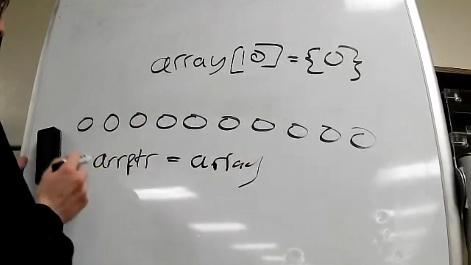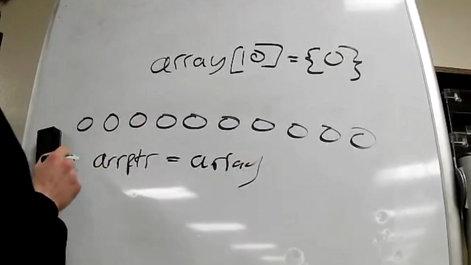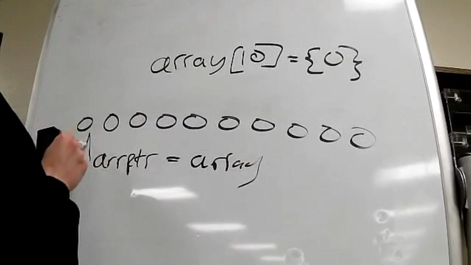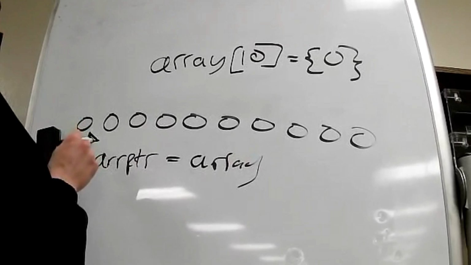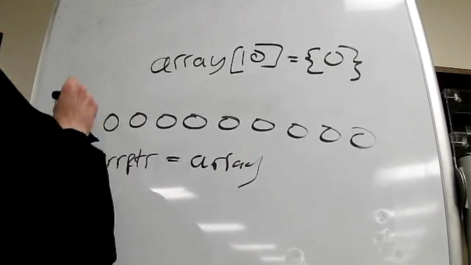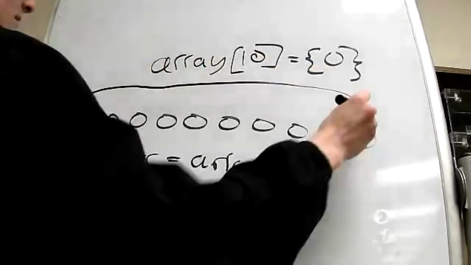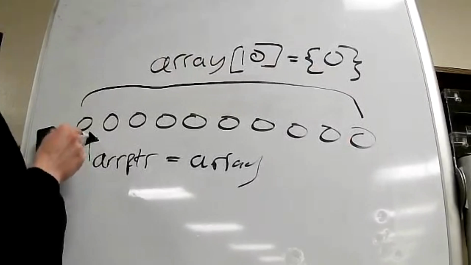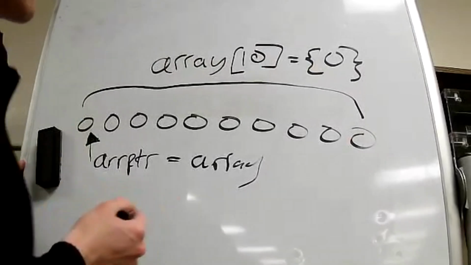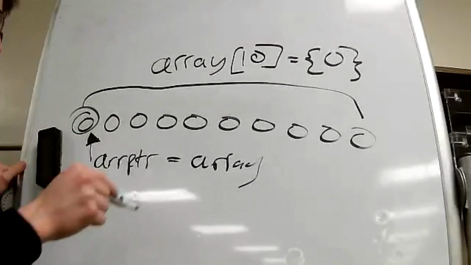When you have an array pointer set to the array itself, it's going to point to the first item in the array. This goes with the whole concept of contiguous memory. Stuff in an array is all together, right? So when you're pointing to just an array, you just point to the first spot in memory. So you're pointing right here, okay?